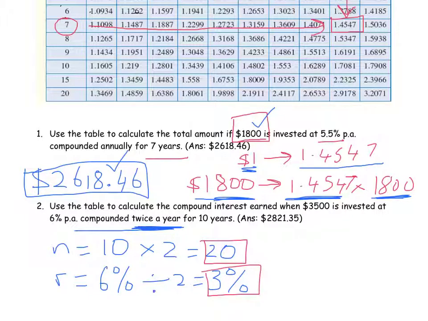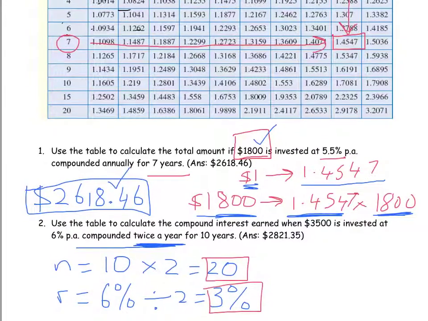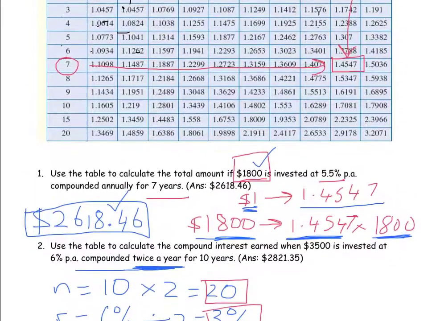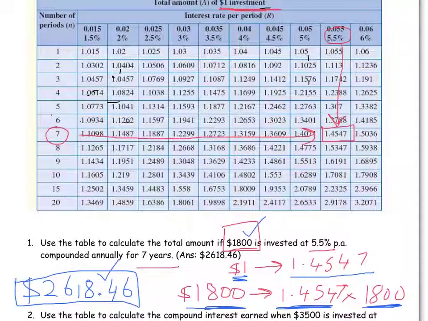Okay, so I'm just going to go back to the table and remember, looking for 20 and 3%. So let's come back over here. Alrighty, so let's have a look. Well, there's 20. Here's 3% over here. Right, so I'll go across there and down there.